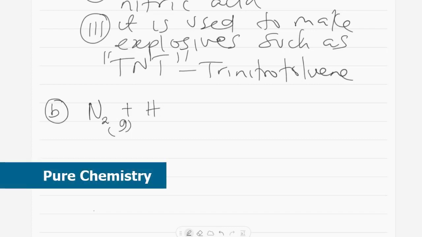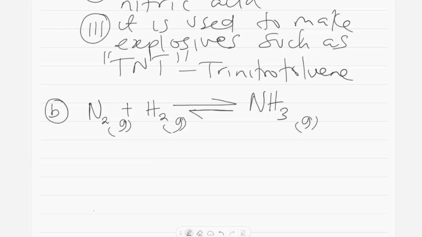So it is nitrogen plus hydrogen, and this reaction is reversible, forming ammonia, which is NH3 gas. 2 atoms of nitrogen, even this side there should be 2, so we put a 2 there. Adding a 2 makes the hydrogen 6. To make these 6, we add the 3 there. So this is the balanced chemical equation for the reaction of nitrogen and hydrogen to form ammonia.